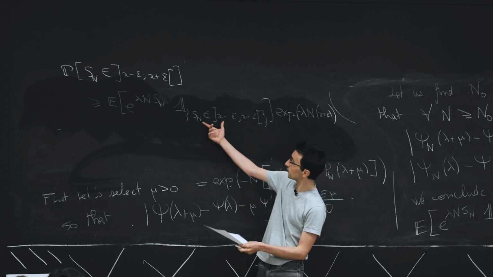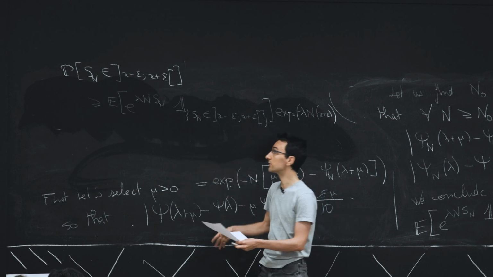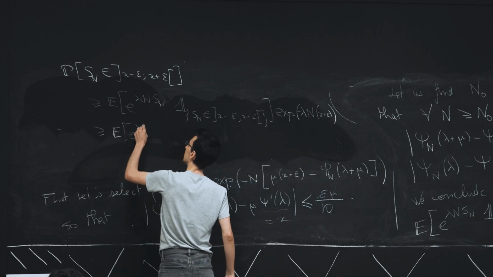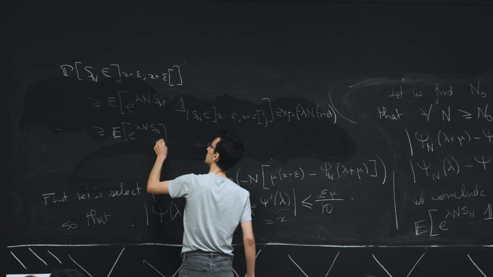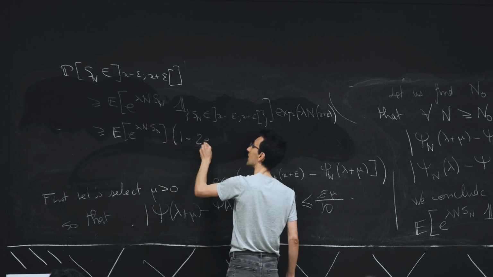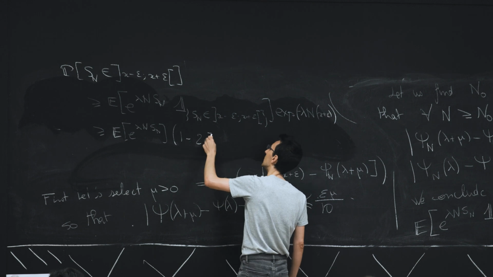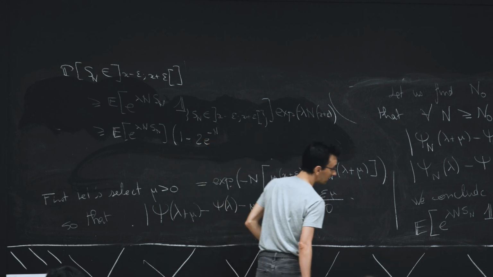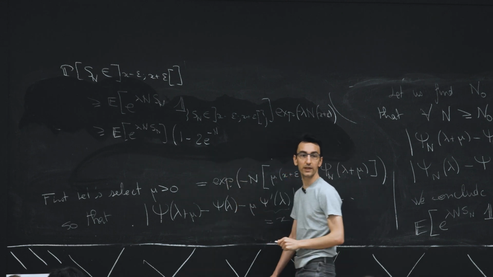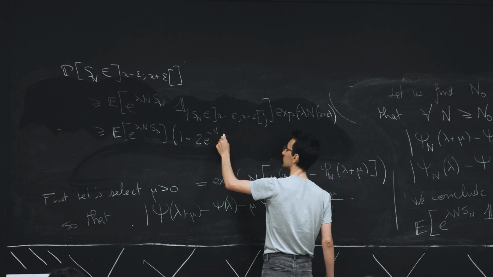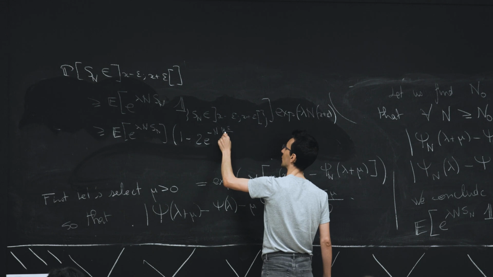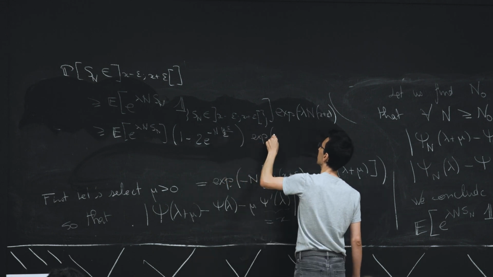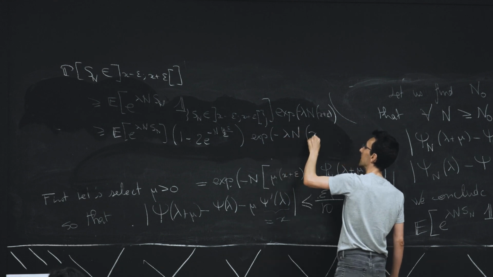And now we know that we can really remove this indicator function here. This is greater than e to the lambda n Sn times a very tiny thing, 1 minus something exponential in n, something positive, mu epsilon over 10 or something, times exponential of minus lambda n x plus epsilon.